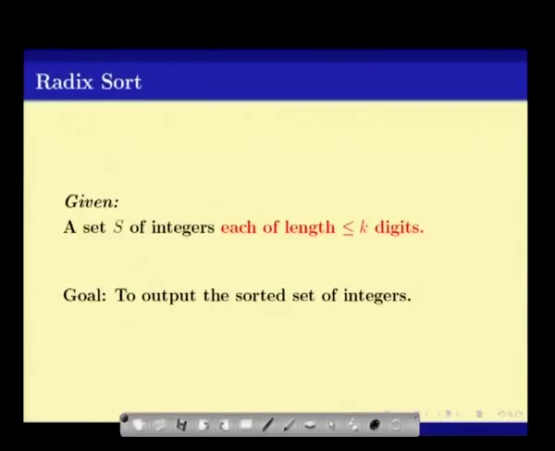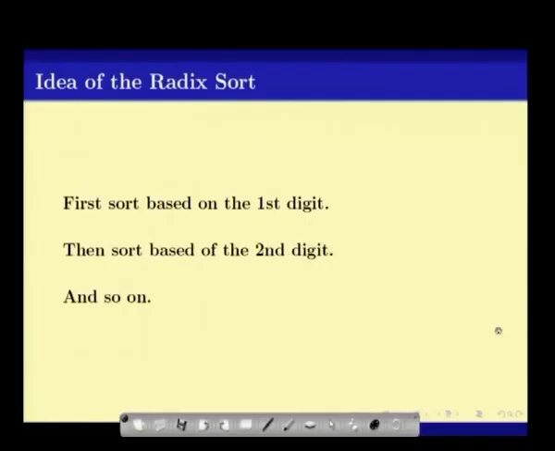It is around 10 to the power k minus 1. So, this particular algorithm works amazingly well even for large integers, but only under the condition that the integers have k digits.